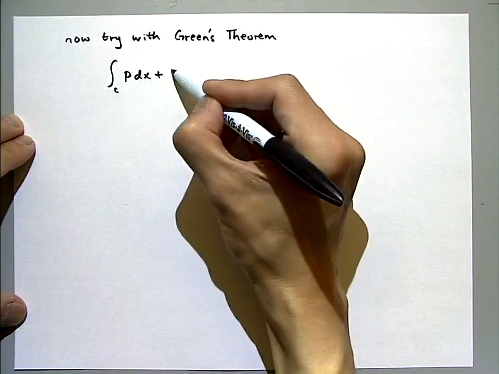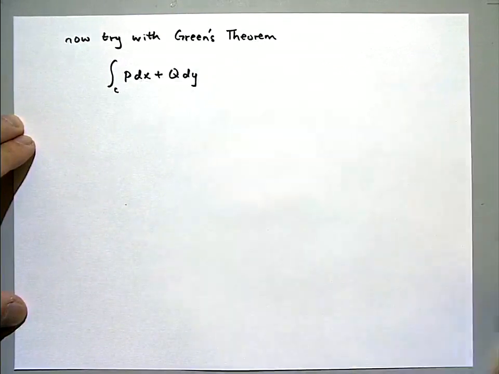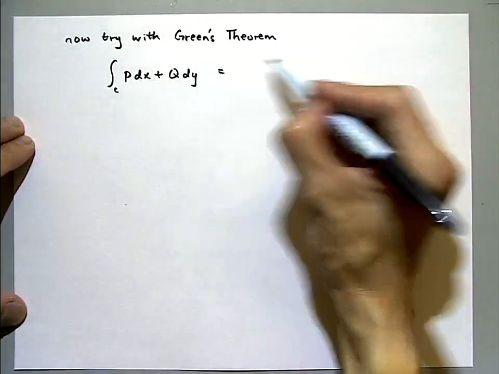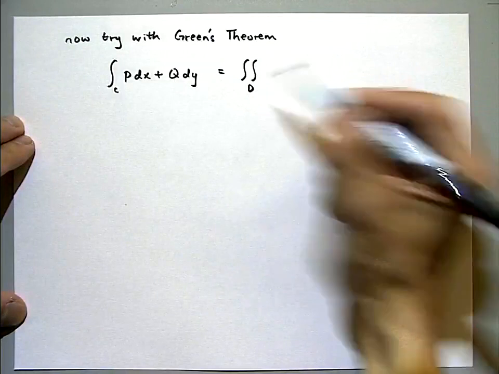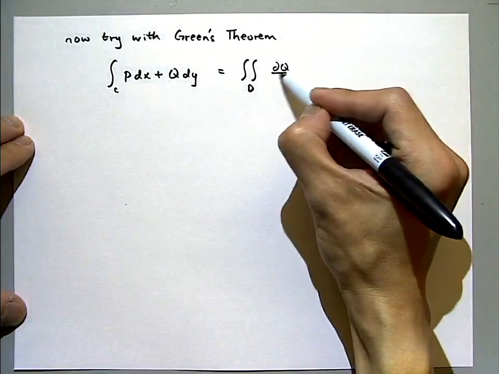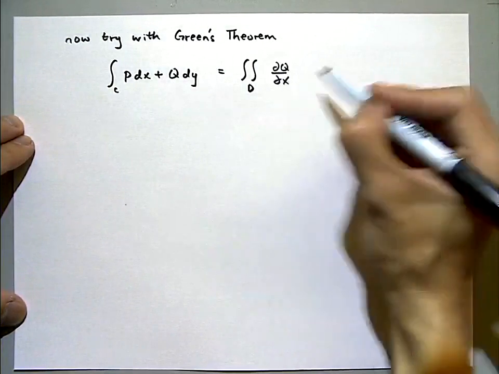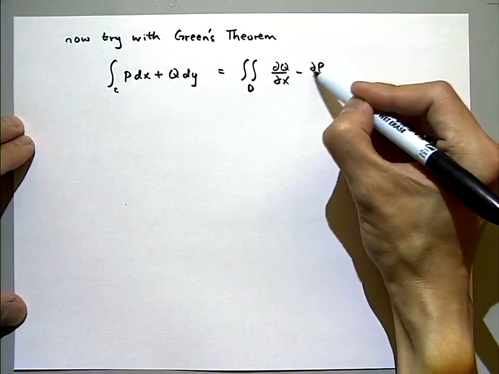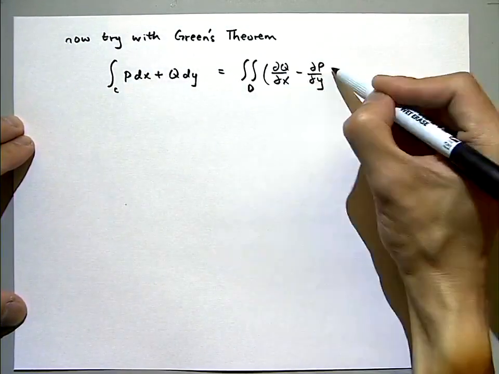Just as a reminder, Green's theorem says the line integral of p dx plus q dy is equal to the double integral over the region that C encloses of the partial of q with respect to x minus the partial of p with respect to y dA.